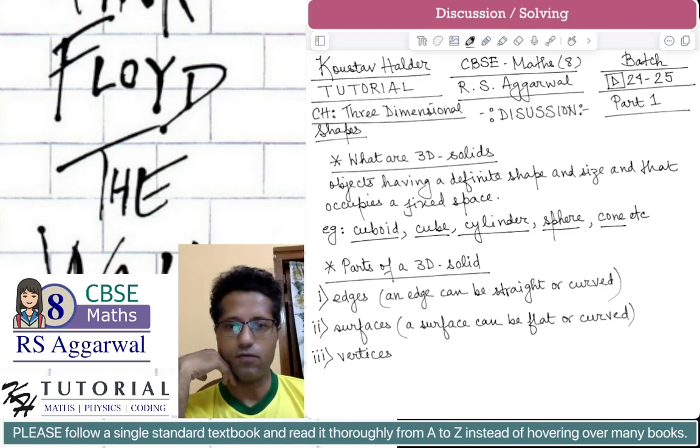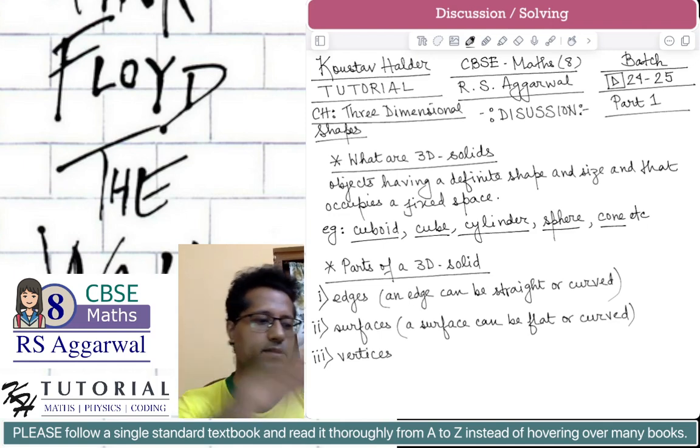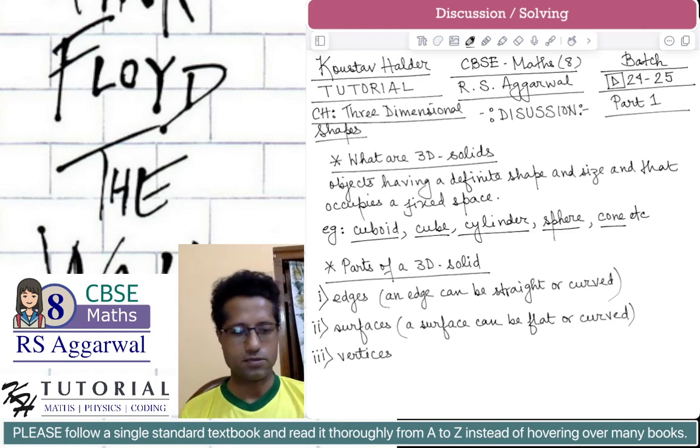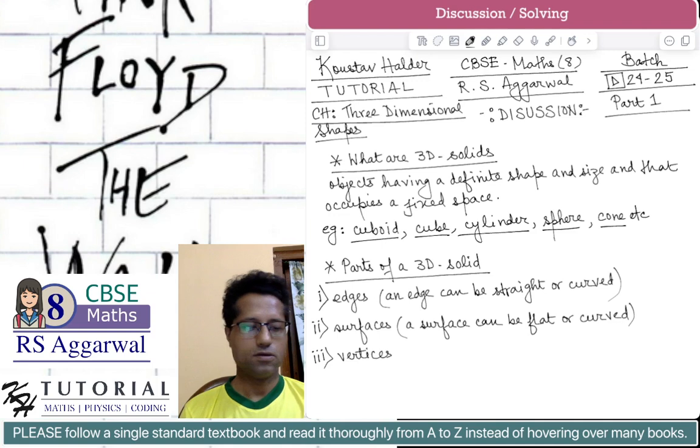So please stay tuned for the next video, and after that we will solve the problems. Now these are not problems, these are basically based on information. You just need to know the number of faces, vertices, and edges, and to identify the net of a given 3D solid or shape.